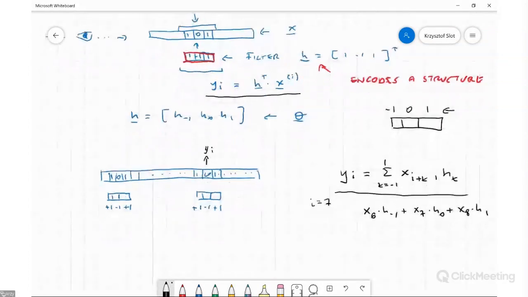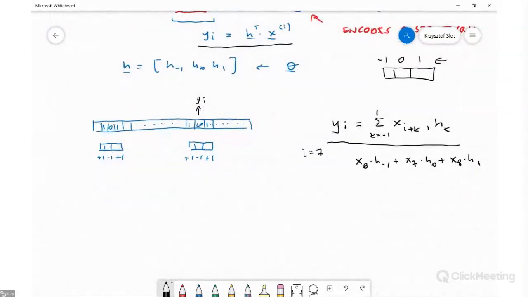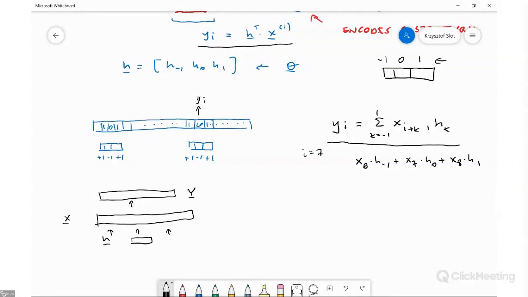So this is the result of my operation. If this is my input vector x, and I apply this filter h, sliding it from the first position to the last position and computing the output, I will get an output vector y.